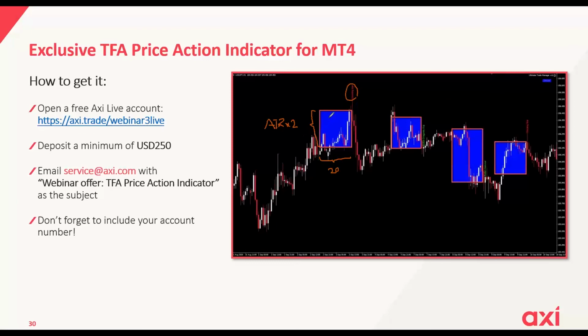The reason is that ATR is called average true range, and it helps your indicator adapt in the market. I'm going a little bit technical here, so stop me if you get confused. A lot of people like to use how many pips, maybe the previous 20 bars need to be at least 10 pips or something. But that is not the case. You need to use ATR because the market moves and sometimes it gets more volatile, sometimes less volatile. The only way to filter that out is by using a multiple of ATR.